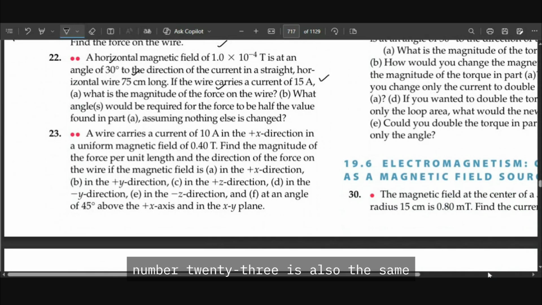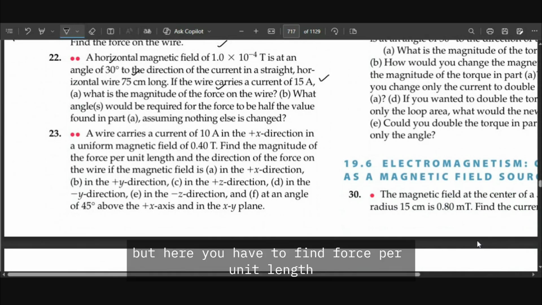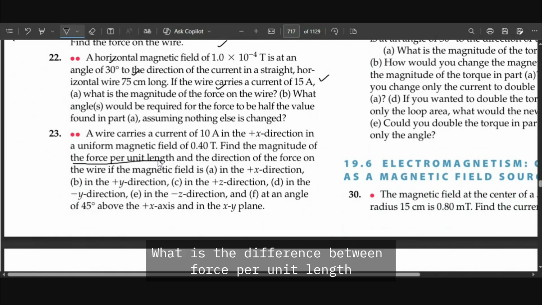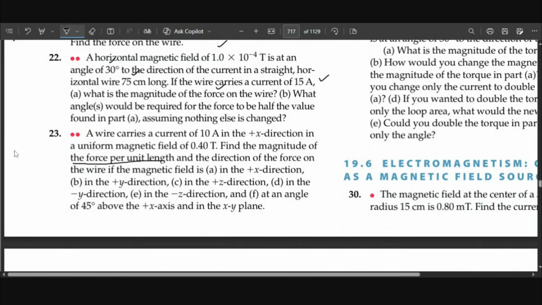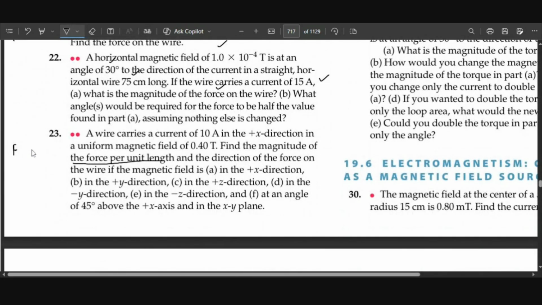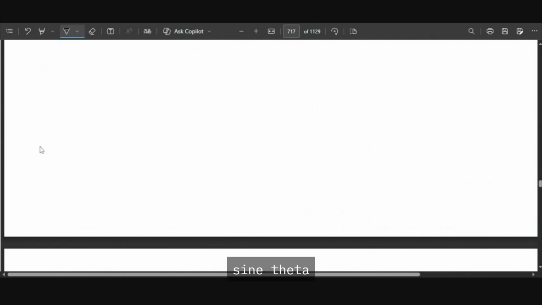Question number 23 is also the same, but here you have to find force per unit length. Now what does it mean? What is the difference between force per unit length and the force we are finding in the questions above? So force is I B L sine theta.